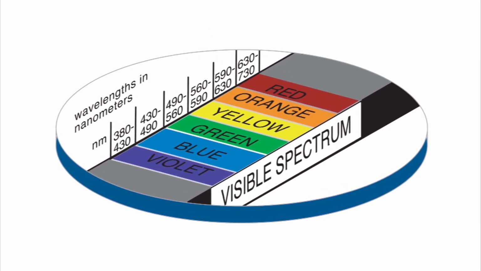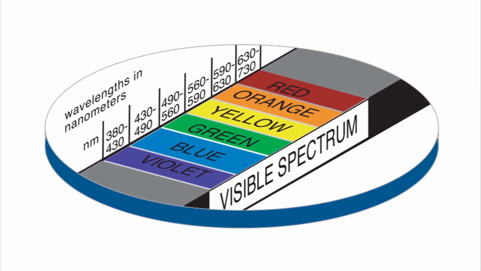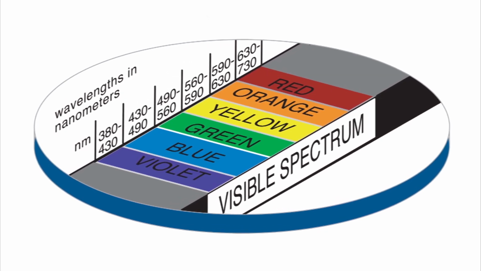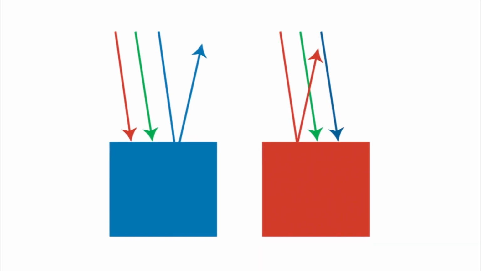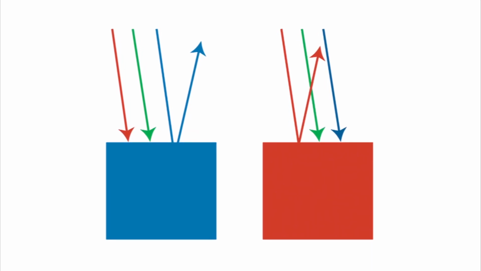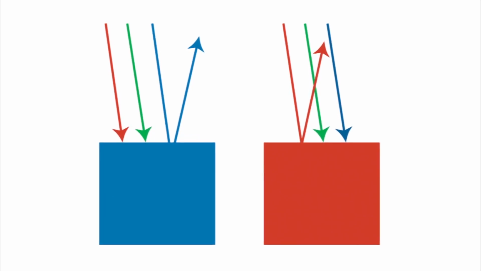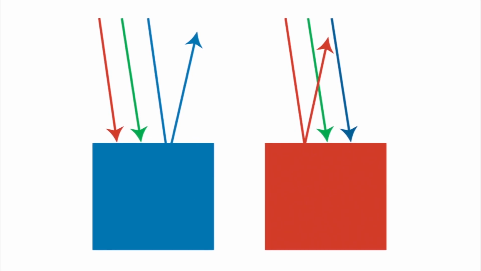Within this spectrum are all the colors of visible light: red, orange, yellow, green, blue, indigo, and violet. The differences between wavelengths is also the reason that objects have color. An apple is red, for example, because it absorbs the blue and green light from visible light and reflects back to your eyes primarily the red wavelengths.